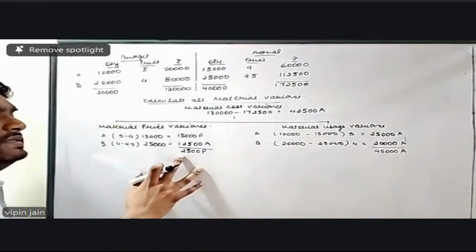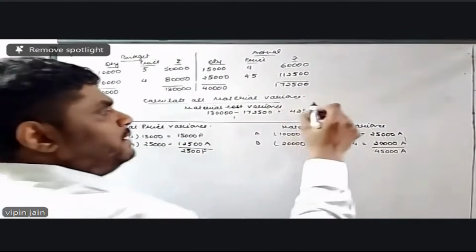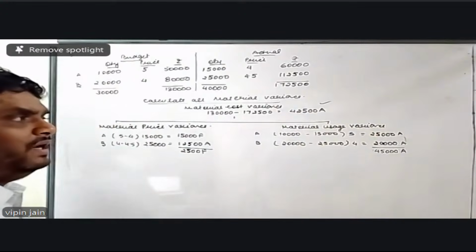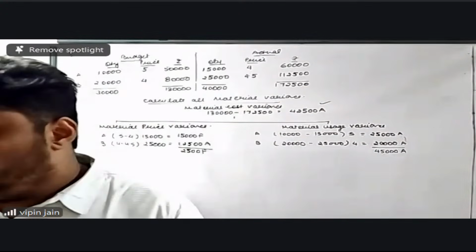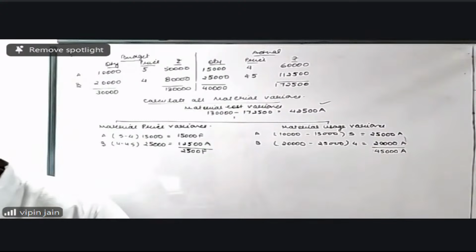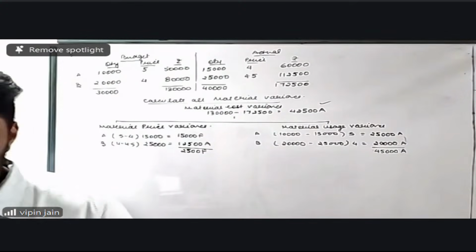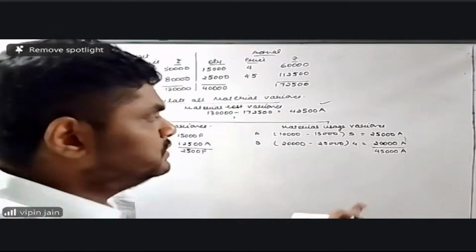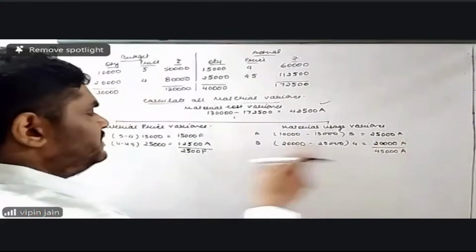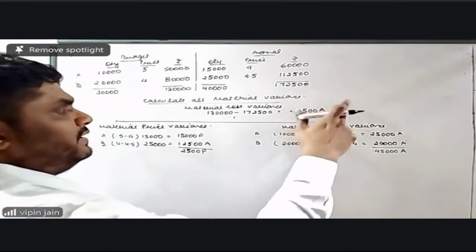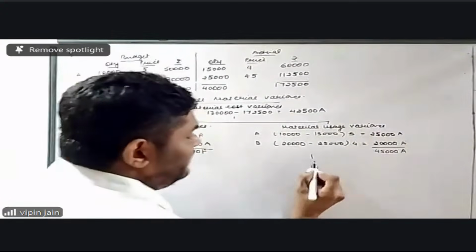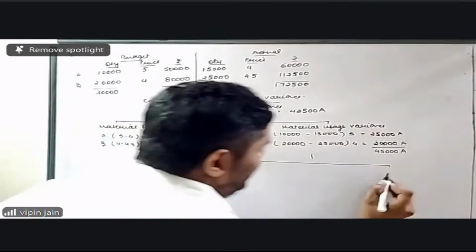The usage variances are 45,000 adverse and 2,500 favorable, so this will be 42,500 adverse. Very good, everyone. Now the trickiest part, calculation of mix and yield.